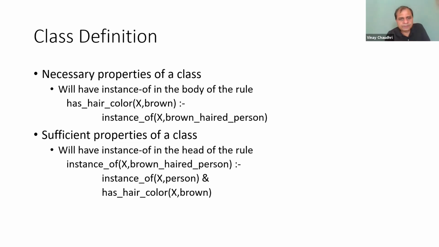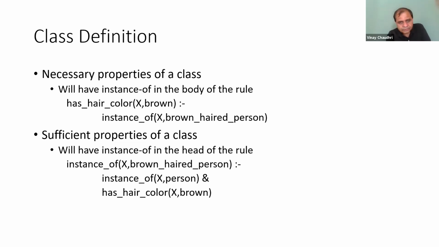The sufficient property of a class lets us conclude that a particular instance is a member of that class. So for example, if we had a class brown-haired person, we could say that any person whose hair is brown must be an instance of that class, which you can see in the rule shown below.